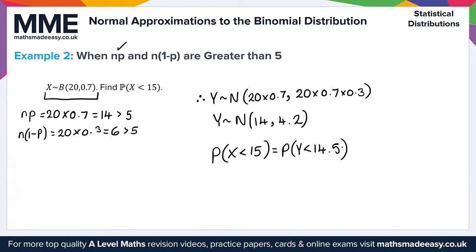You can also double check this with your table for the continuity corrections. Evaluating this now with our distribution, we find that the probability of x being less than 15 is equal to 0.5964. So that gives us the solution to example 2.